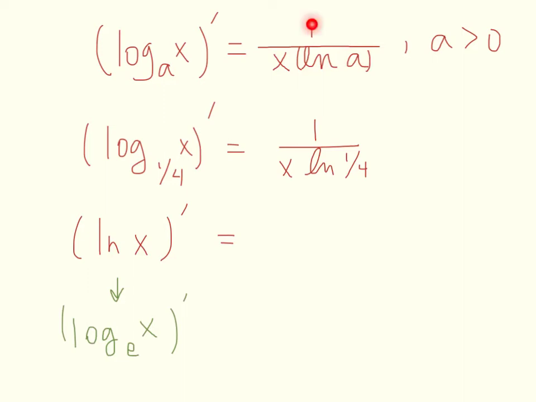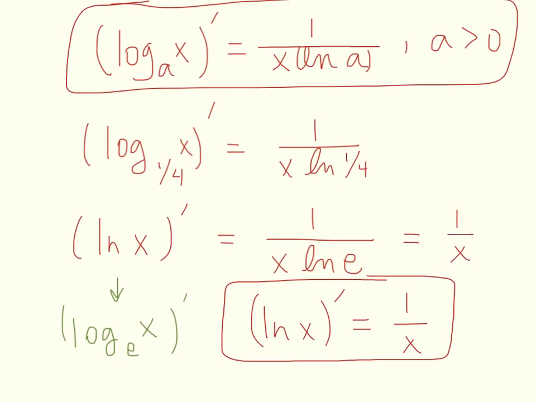So we get 1 divided by x times the natural log of e. Well, this is fine, but the thing is we can simplify the natural log of e. The natural log of e is equal to 1.